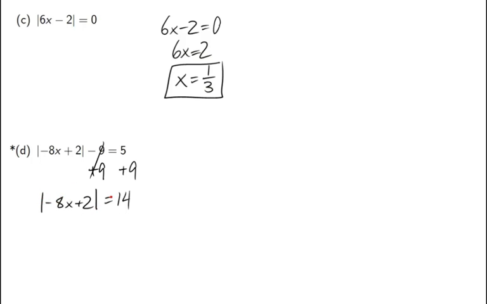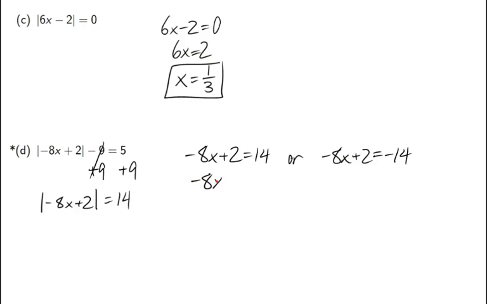We've got an absolute value equal to a positive number. That's good. That's exactly what we want. So I'm going to split it into two equations. I'll drop the absolute value. One of them's positive, and then the other one is negative. The equation is equal to 14, or it could be negative 14.